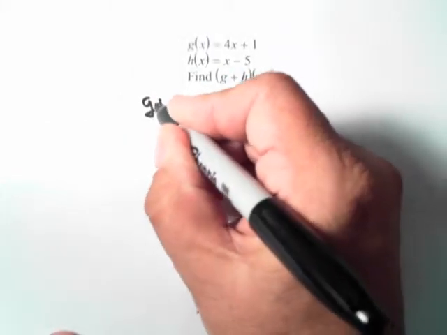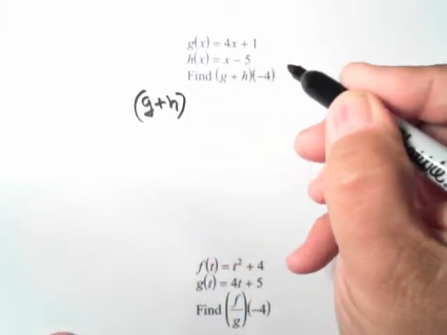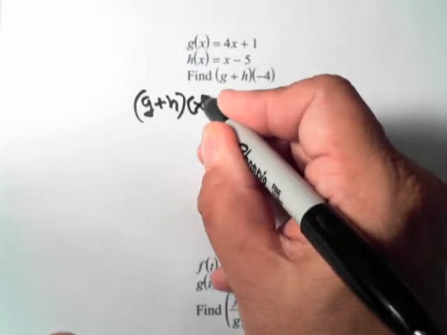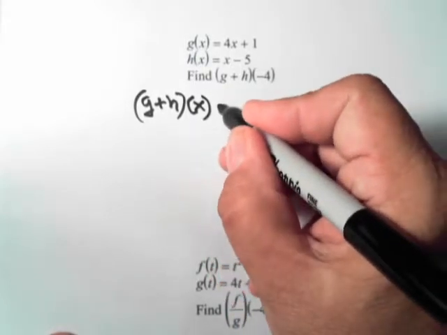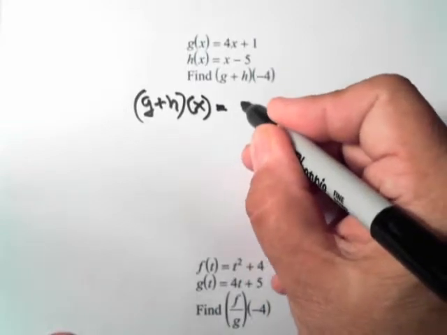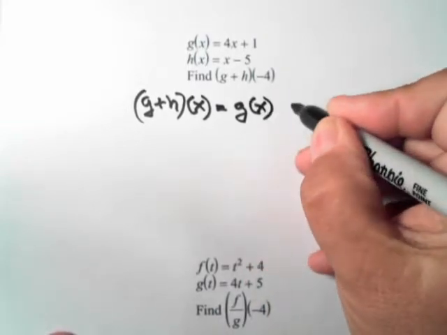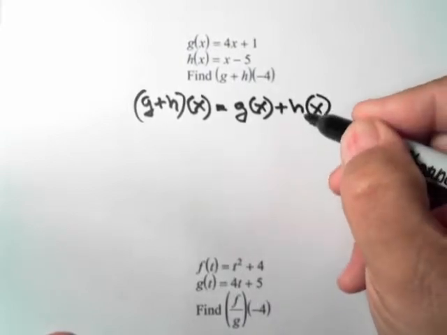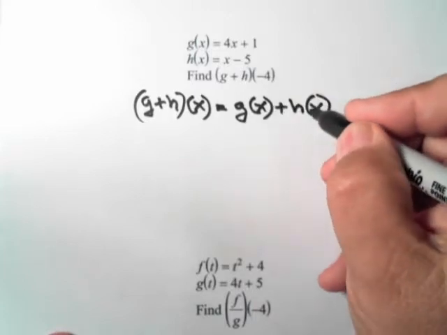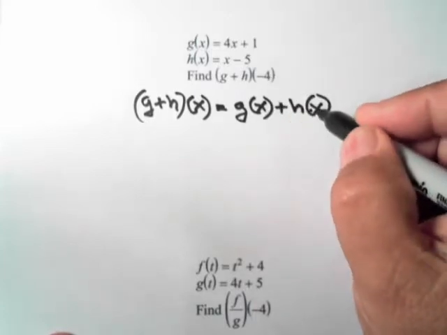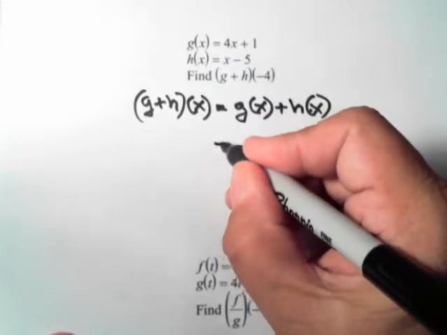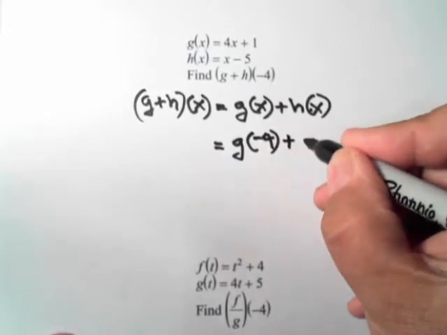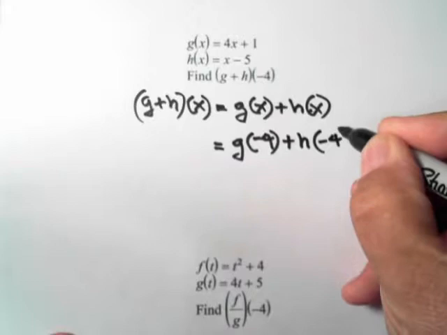First off, we got g plus h, and if we just wrote this out with the variable to begin with, then I know that what this would be equal to is g of x plus h of x. Well now, I don't want g of x and h of x. I want g of negative 4 and h of negative 4. So that's the next thing to notice here. We're really after this: g of negative 4 plus h of negative 4.